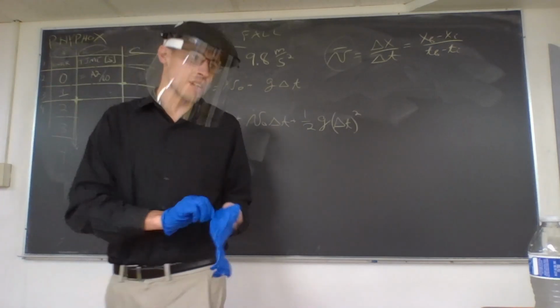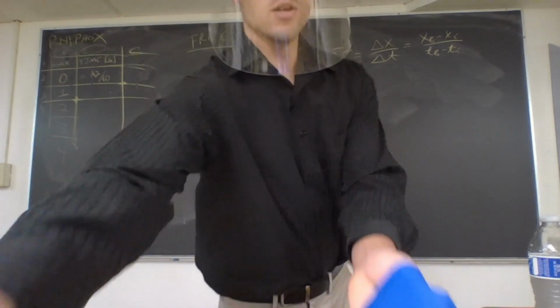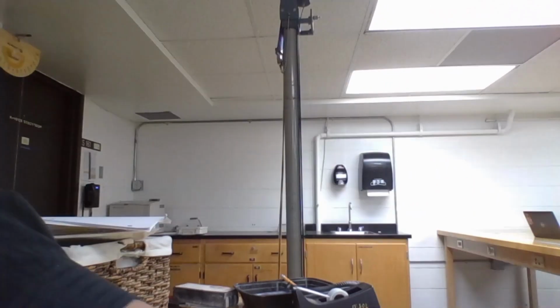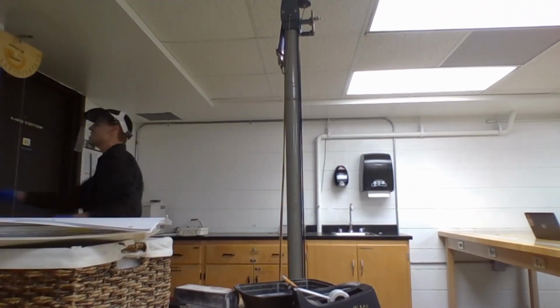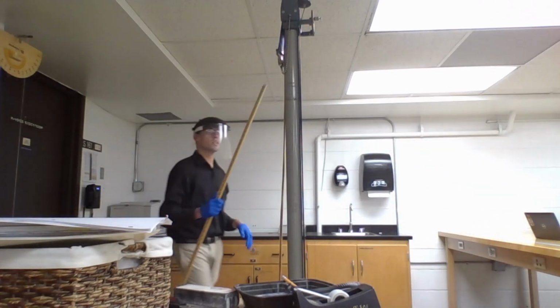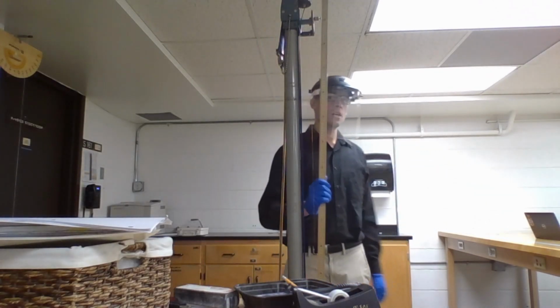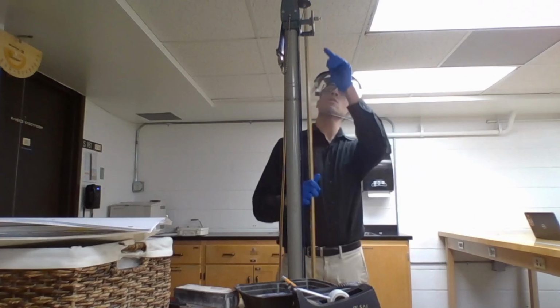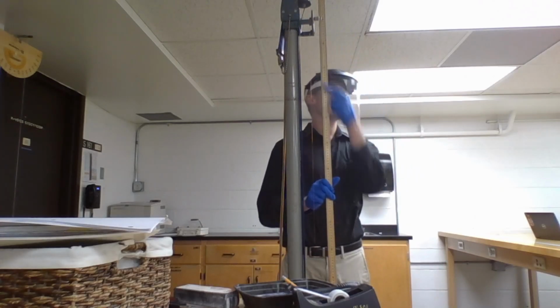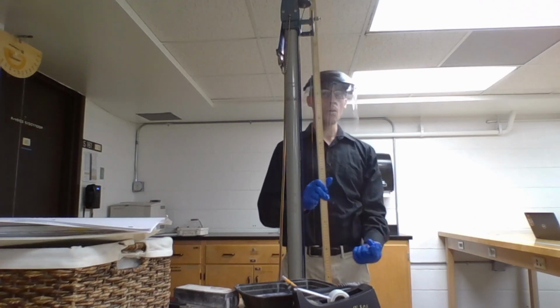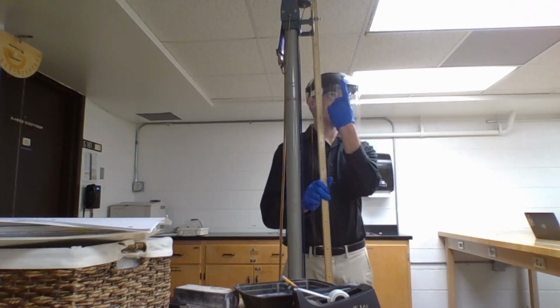So what that means is if I take my 2 meter stick and I orient it this way, where the numbers are getting larger up here at the top, then I've effectively set up a coordinate system where my y-axis is positive pointing up, right?